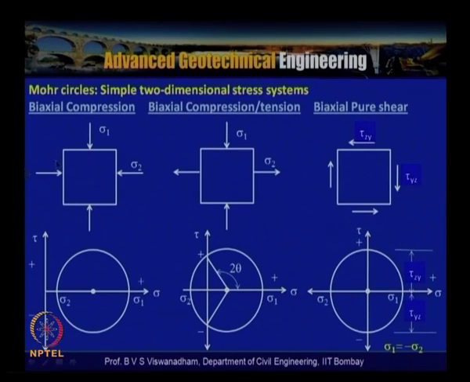So, for the biaxial compression and tension, you can see that this is the compression and this is the tension, no shear forces. Then in that case the Mohr circle extends to positive sigma space and negative sigma space also, and the center is sigma 1 plus sigma 2 by 2, and the radius is nothing but sigma 1 minus sigma 2 by 2.